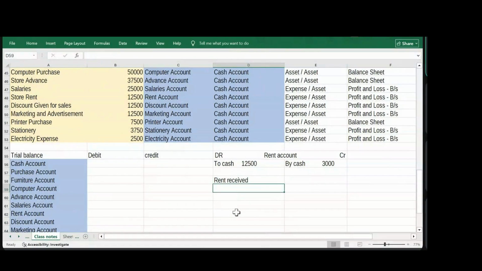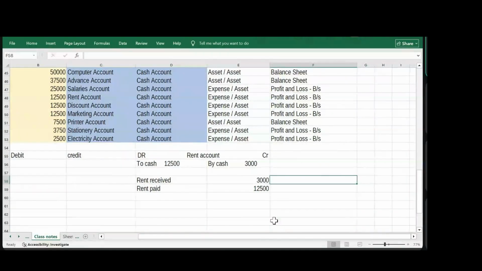Only one example I'm giving, so that within the same ledger you'll understand both concepts, how it looks as a journal entry and how you're supposed to understand that. There's rent received and rent paid. Rent paid is how much? 12,500. These are the two transactions.